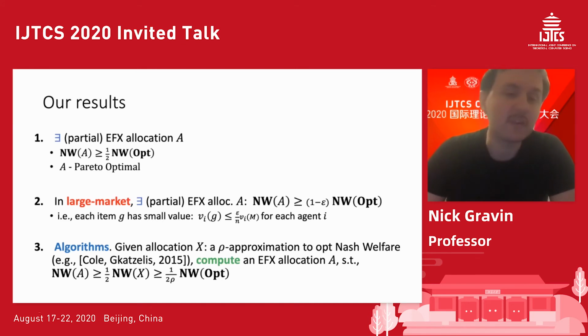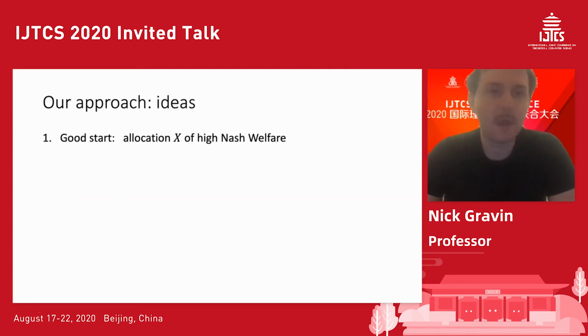For example, there is such a result by Cole and Gkatzelis. So you can compute some approximate allocation. Then, starting with this allocation, you can achieve an EFX allocation that loses at most half of the original Nash welfare, which is 1/2 rho of the optimum. And this can be done in a computationally efficient manner. All right, so that's basically the results of my work.